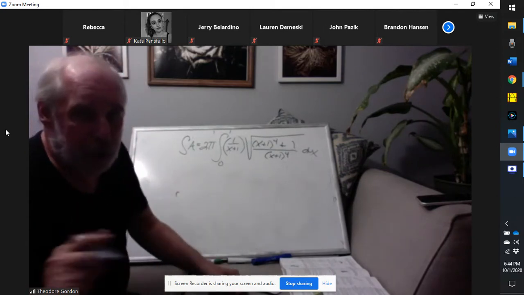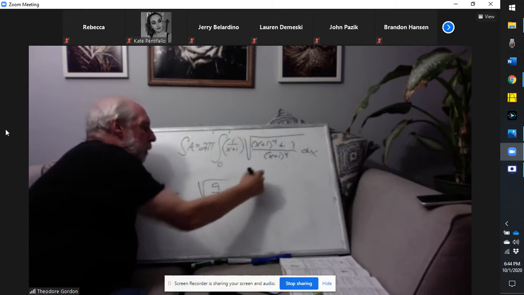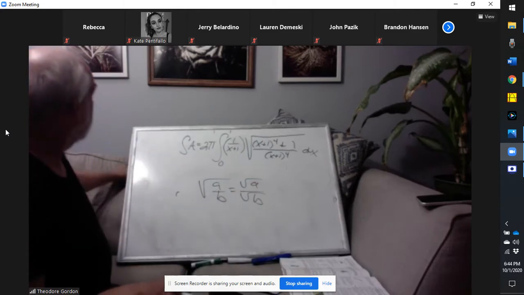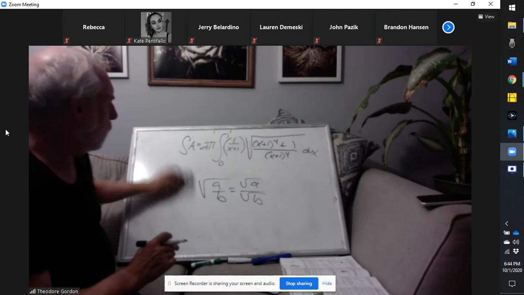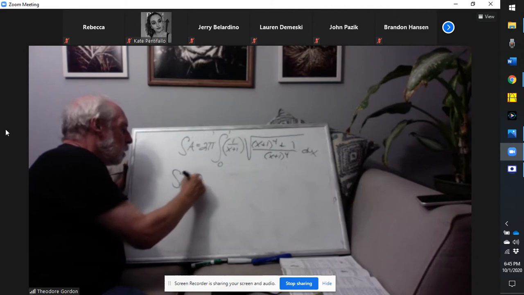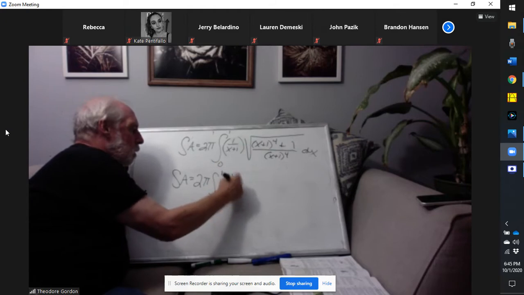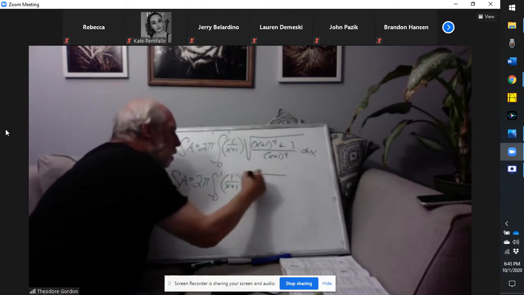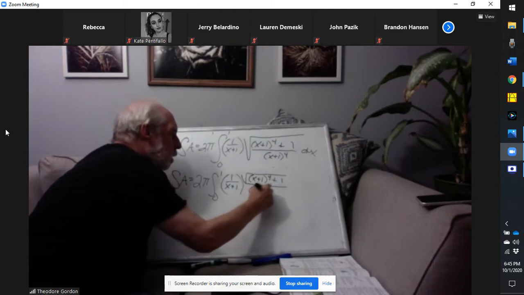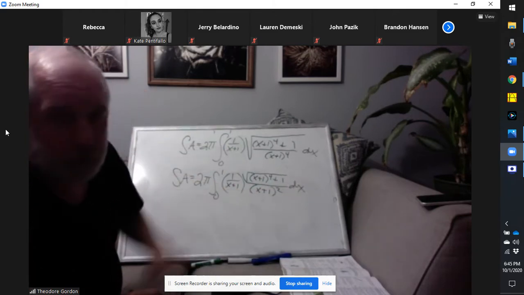Now I'm going to use this property again. I'm going to break this square root up into 2. Okay? So that will give us this. So the square root of x plus 1 to the 4th is x plus 1 to the 2nd.